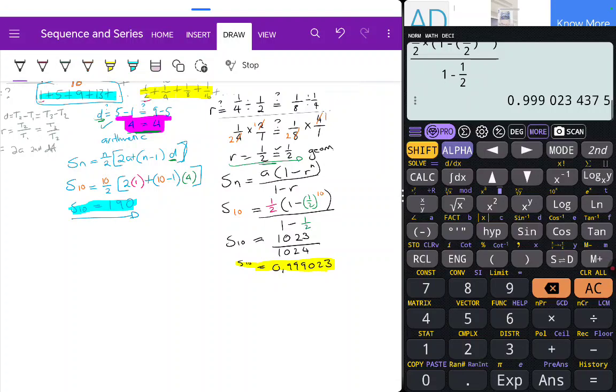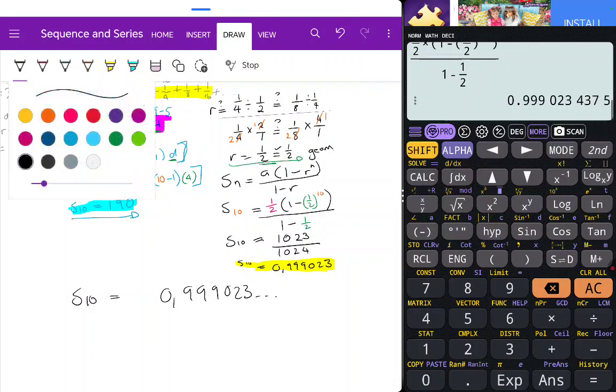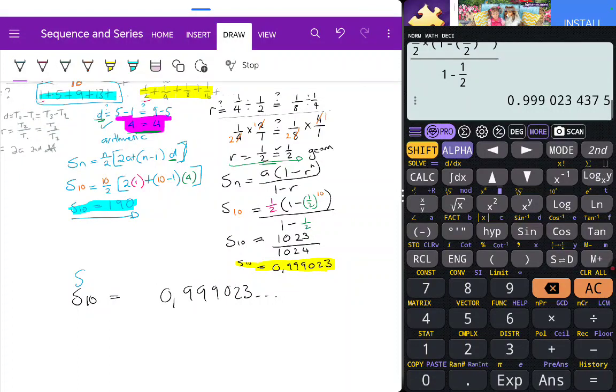We are now going to say the S10 of the geometric, which is 0,999023 dot dot dot, plus the S10 of the arithmetic, which is 190.00, and we will get an answer of 190,999023. That is S20 of the series.